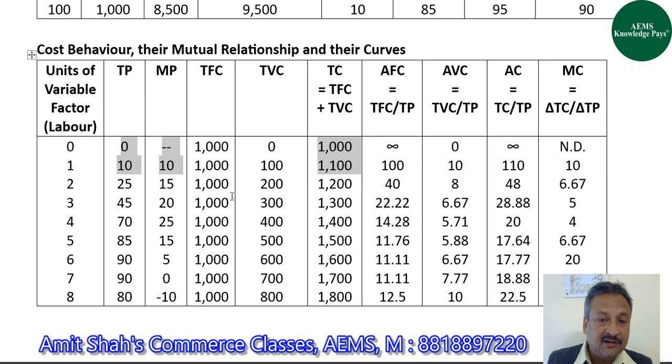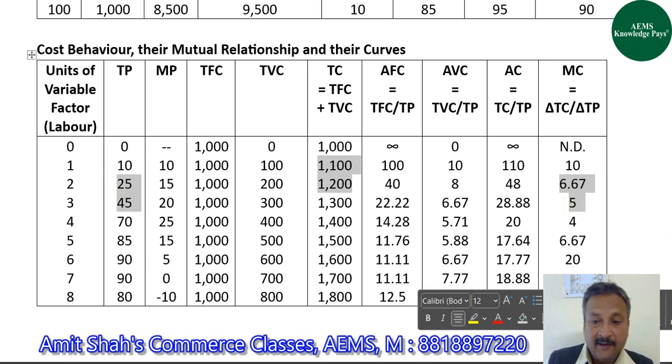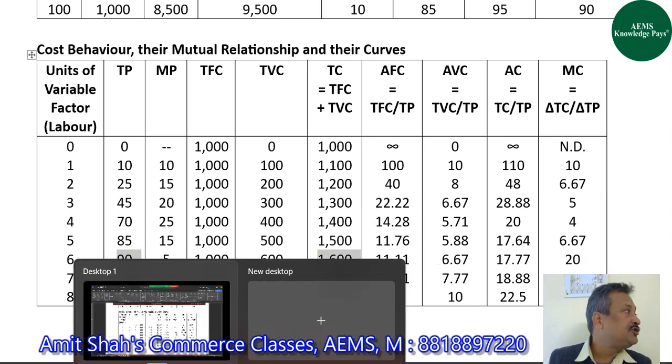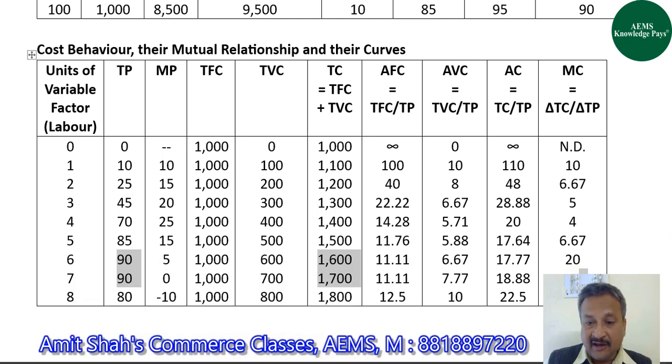So 100 divided by 10 is 10. TC is changing every time by 100. So 100 divided by 15 is 6.67. Then again 100 divided by 20 is 5, and so on. Here it would be 100 divided by 0 because there is no change in TP, and that is why I have written this as infinity.